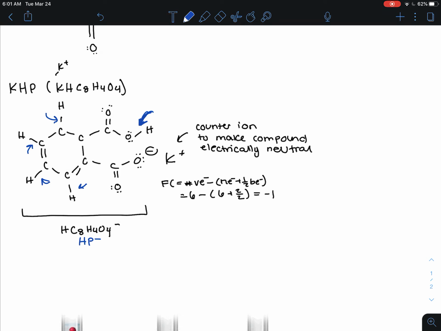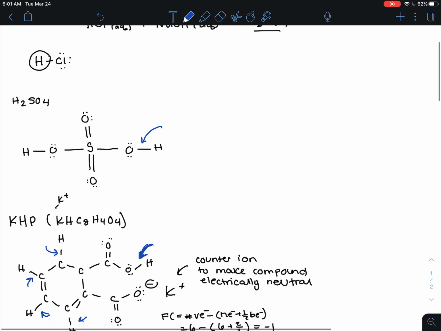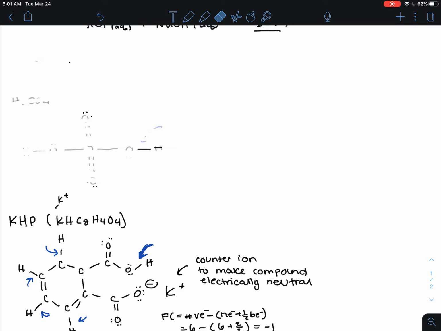So in this reaction, what we'll do is we're going to react with a base to neutralize. But why do we want to do that? So we have this KHP, and you're going to be given an impure compound of KHP. So I'm going to erase my stuff up here.